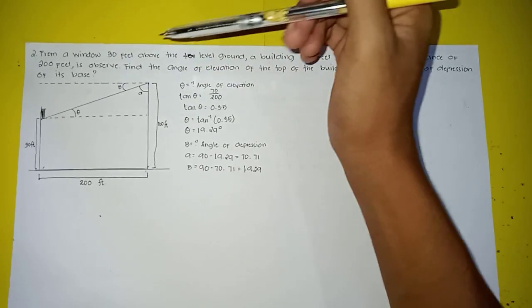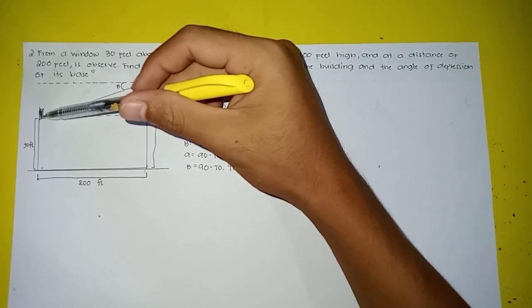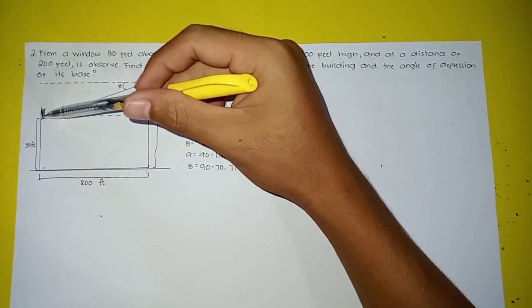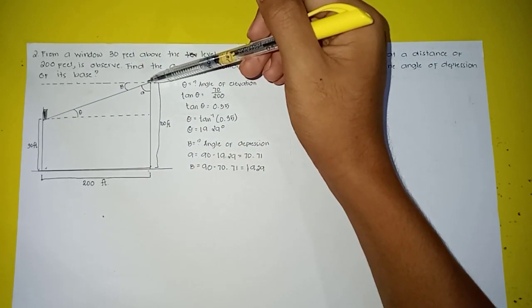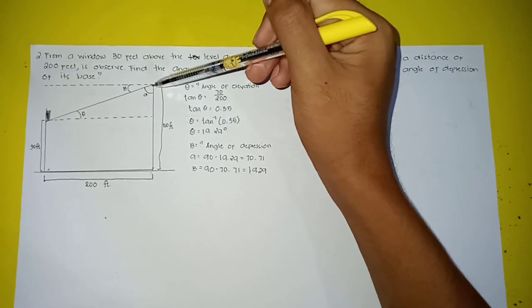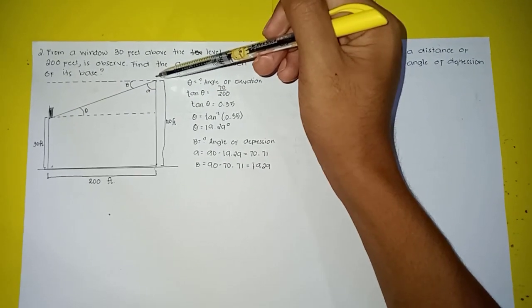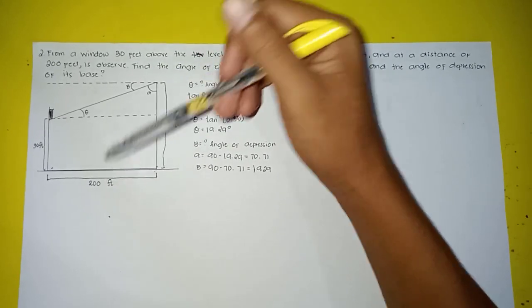Then what is asked is the angle of elevation, which is when you look from the window above, and then the angle of depression when you look from the top of the building below.